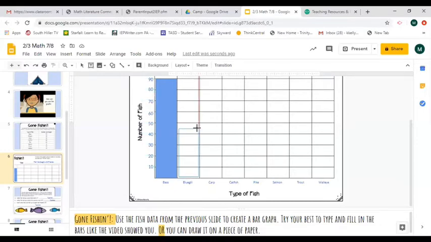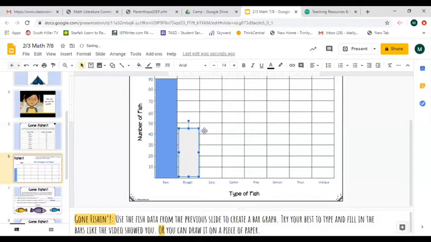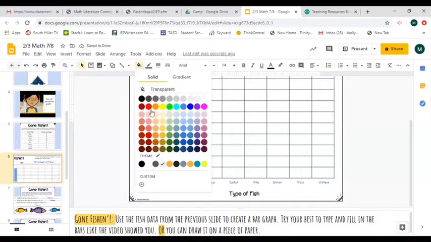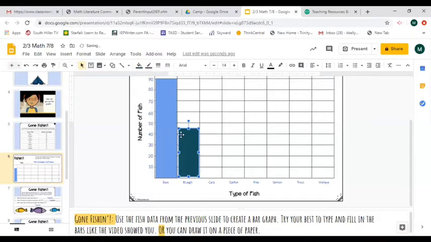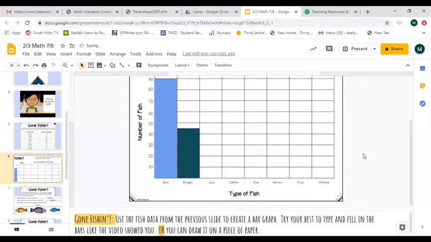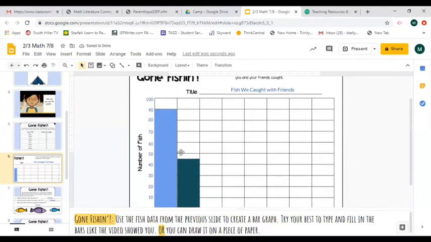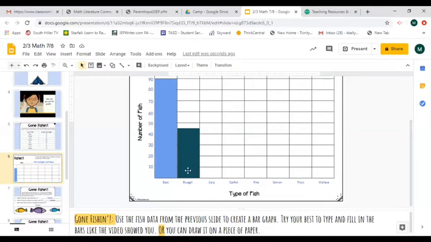Doesn't have to be perfect. And I'll pick a different color. I'm going to do a darker blue for bluegill. I'm going to stretch this out just a tiny bit to fill in the box. I can go back and do the same thing for the bass. Okay, so far we have 90 bass and 45 bluegill.